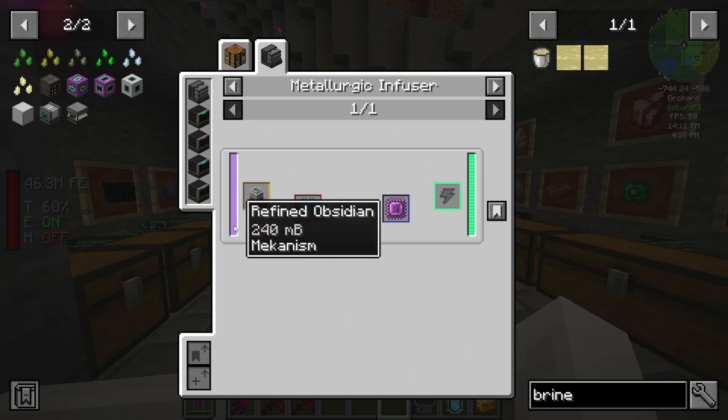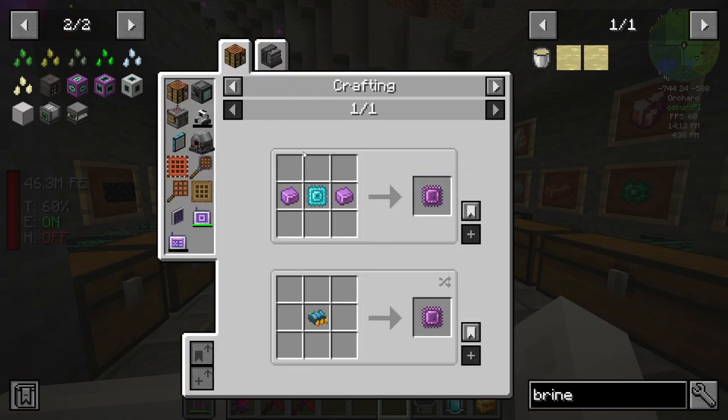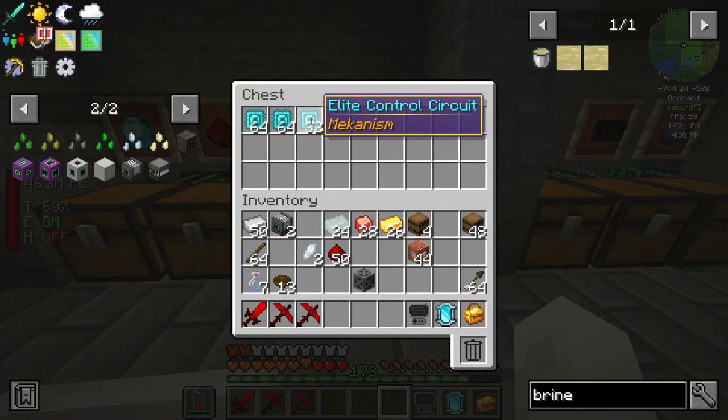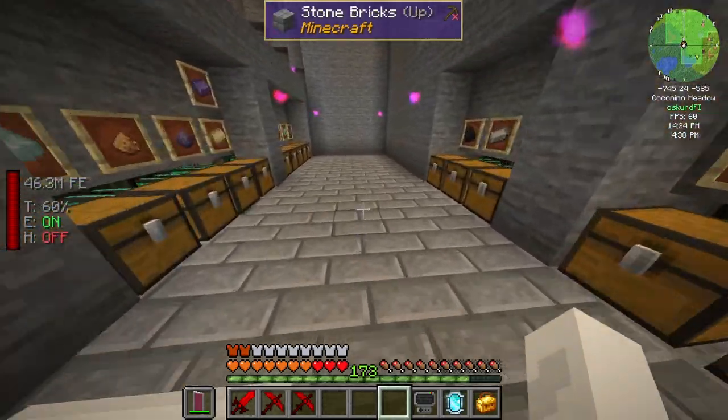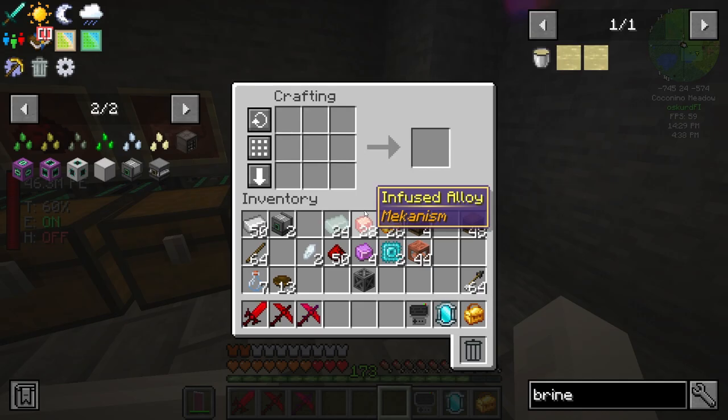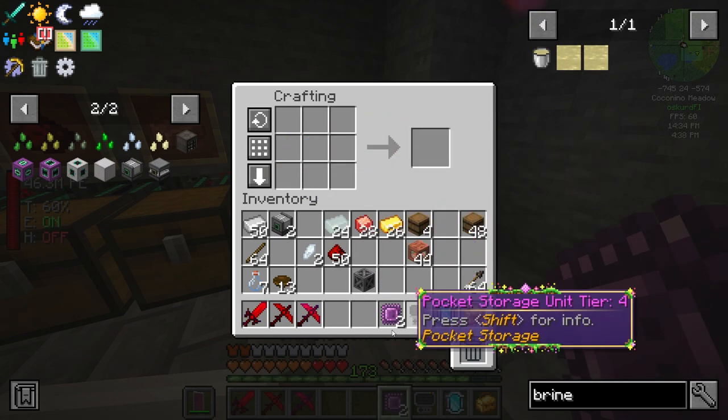That's 240 millibuckets. How much is one block? I have no idea. But we can just take 2 of those, 4 of these, and just make ultimate control circuits.